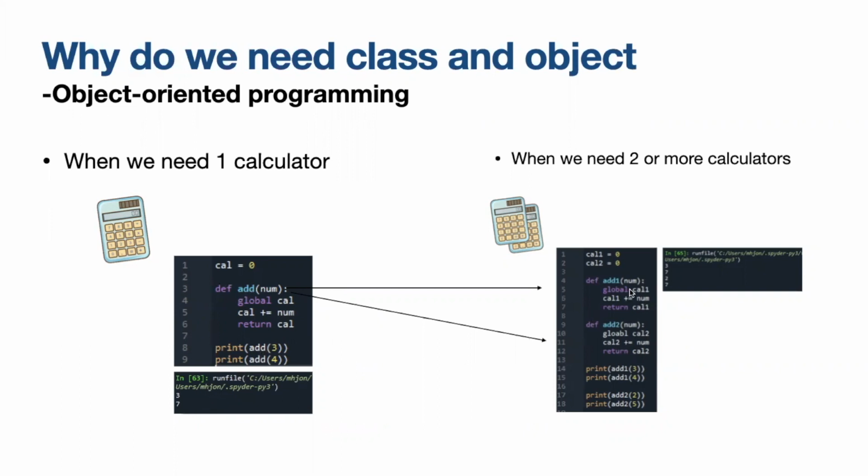However, if we define multiple addition functions with the global variables calculator 1 and calculator 2, we may not get the desired result, since we need to distinguish each object, each function. And it is really ineffective, since each distinguished function should be defined repeatedly, even if they have the same structure.